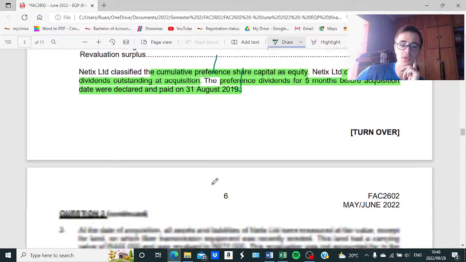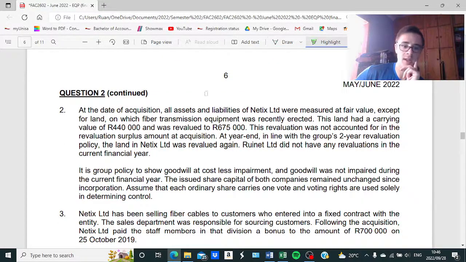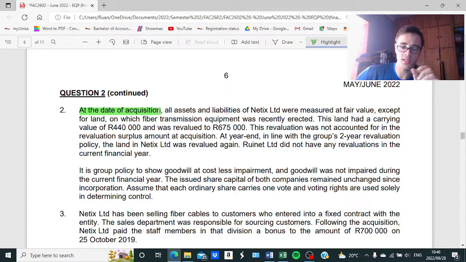Let's move to additional information 2, which says the following. At the date of acquisition, on the 31st of August 2019, all assets and liabilities of Netix Limited were measured at fair value except for land on which fiber transmission equipment was recently erected. This land had a carrying value of $440,000 and was revalued to $675,000.